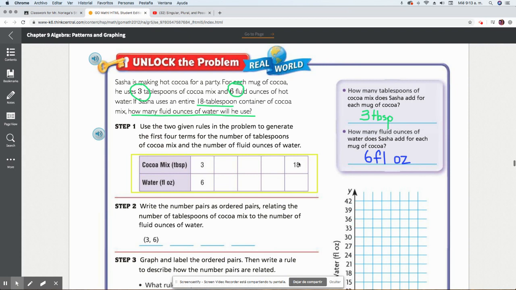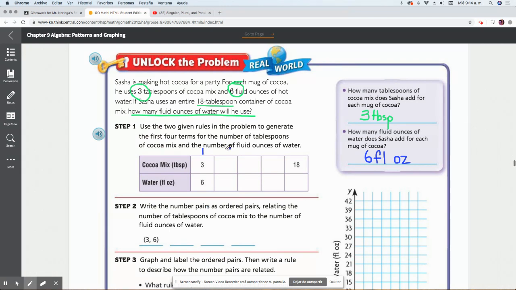Now, what are the rules? It's right here. For each mug of cocoa, he uses 3 tablespoons of cocoa mix and 6 fluid ounces of hot water. So that means when Sasha is making cocoa, the first mug will have 3 tablespoons of cocoa mix and 6 fluid ounces of water.